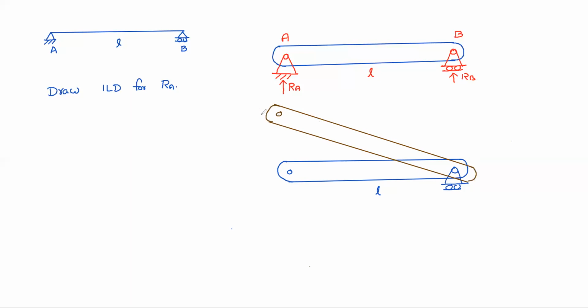That means here the displacement is 1 unit. That's why the shape of ILD is like this. This is ILD for RA. This is 1 unit. Span is L. Positive. So that's all.